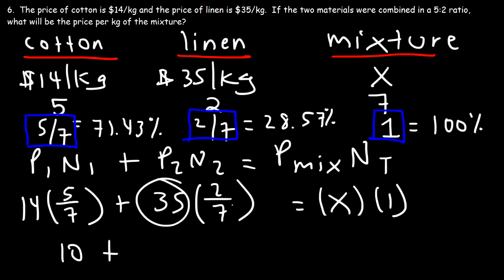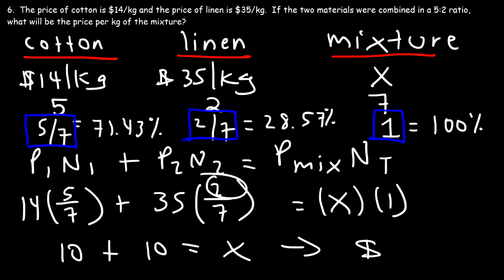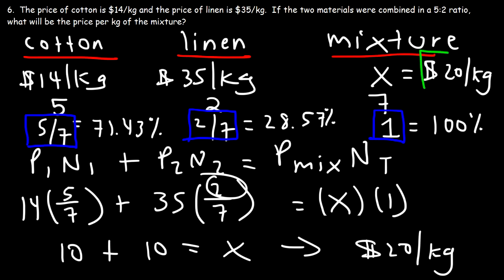Here we have 35 divided by 7, which is 5, times 2, that's also 10. And x times 1 is just x. So x is 20 per kilogram. And so that is the price of the mixture, $20 per kilogram.